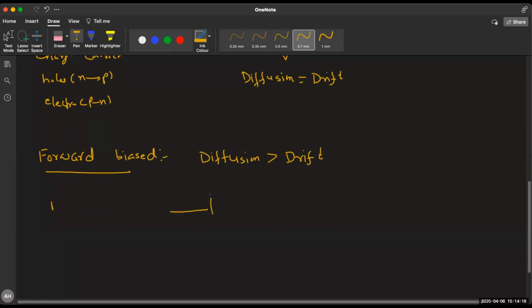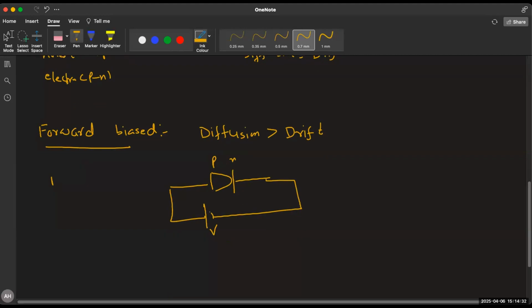To forward bias a diode, this is your PN junction. This is the P side, this is the N side. You put the P side at a higher potential and the N side at a lower potential. This is forward biased. The current will flow in this direction from P to N. When you forward bias a diode, the barrier potential decreases.